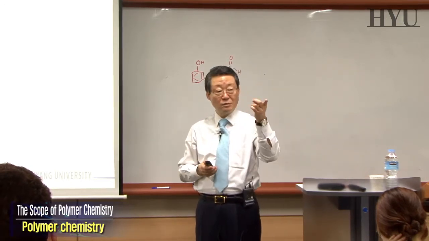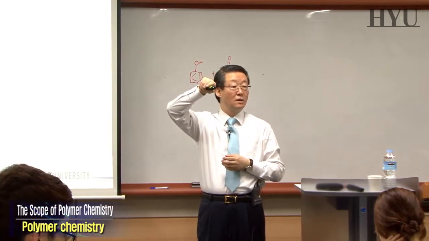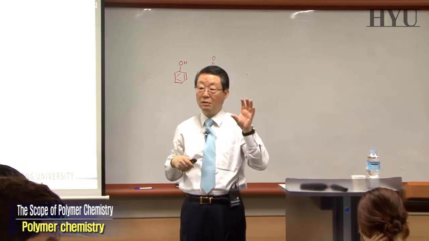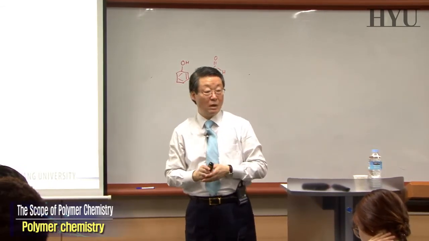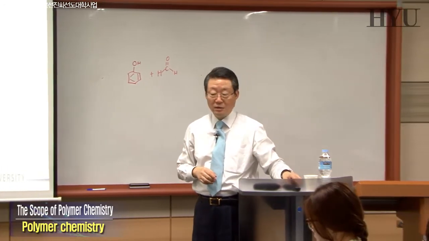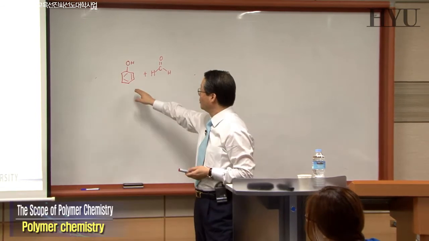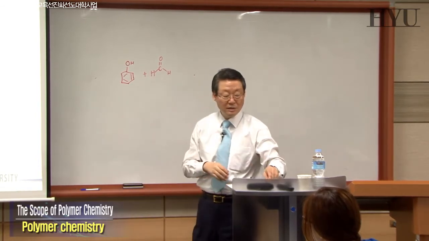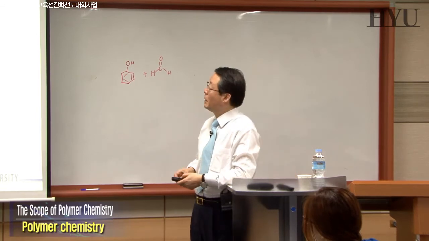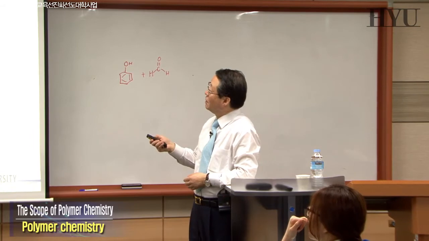If you see the plastic over there, you have electrical insulating plastics. This electrical insulating plastic is made of this phenol formaldehyde resin, and they call this bakelite.